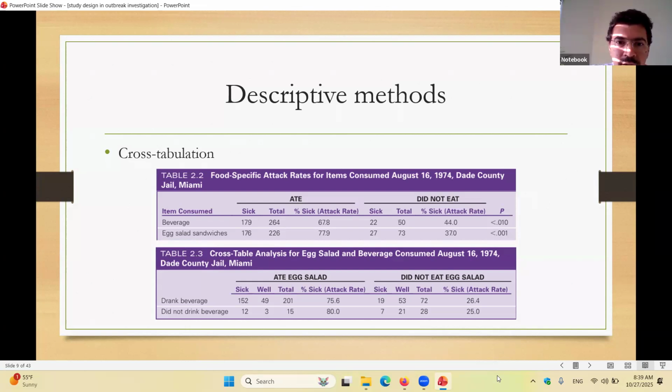And as I will tell you later, we can report the association measures as odds ratio, and find that, for example, the odds ratio of using egg salad is, for example, 4. So this slide was related to descriptive methods.